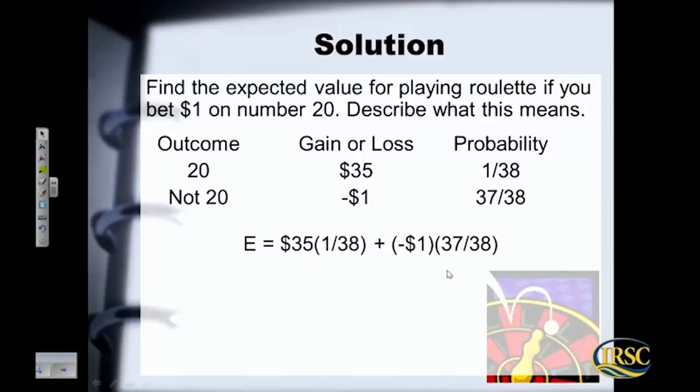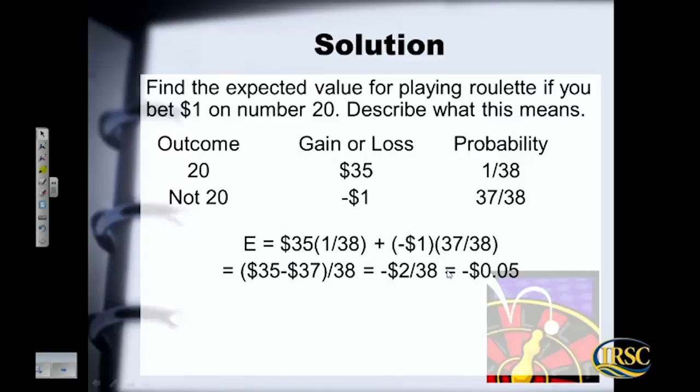So this is essentially what we did. I just didn't show it in the fourth column. It's 35 times 1 over 38 and negative 1 times 37 over 38, which gives us negative 2 over 38, which is the same as negative 0.05. Now remember that this was money that we were multiplying by, so it's negative 5 cents.